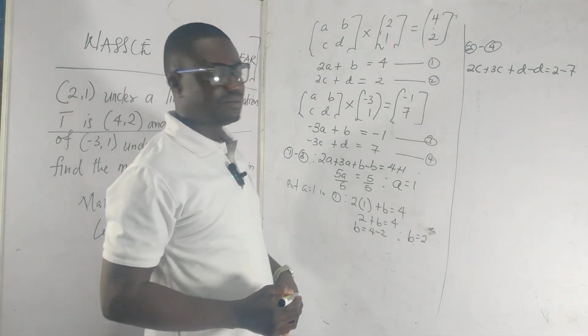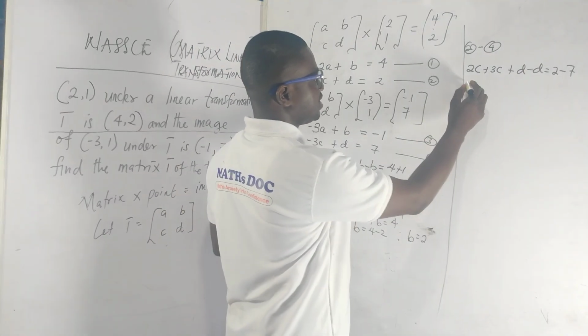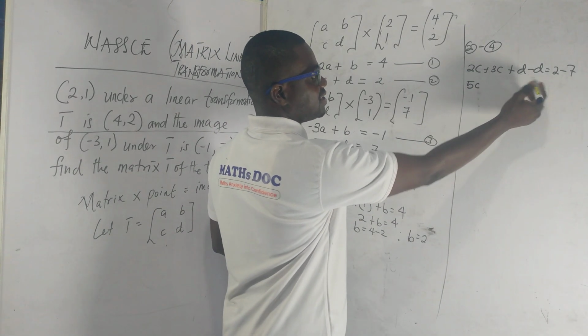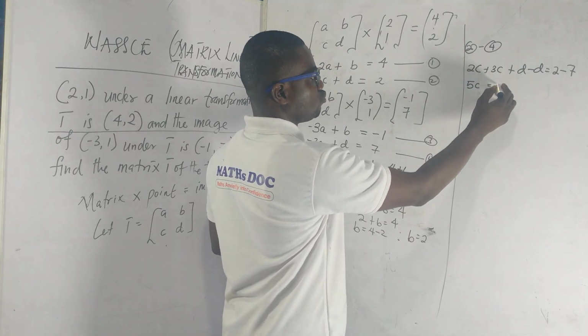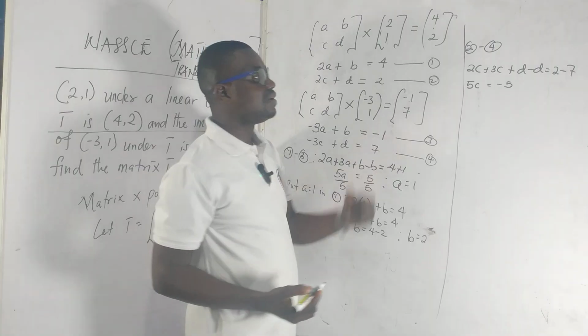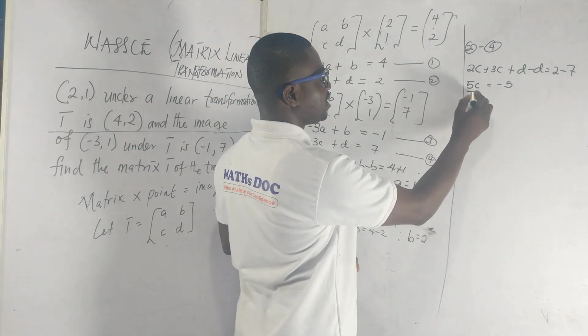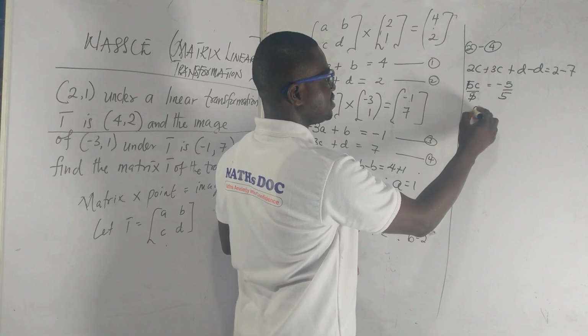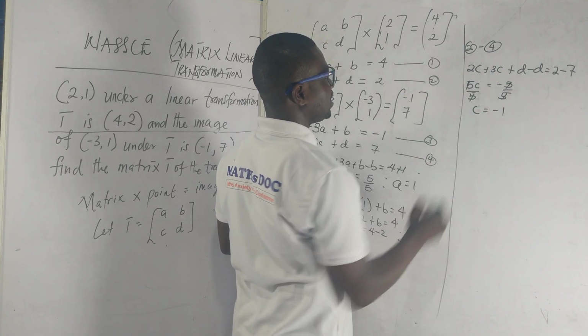Simplifying this, we get 5c, d minus d gives you 0, is equal to -5, since 2 minus 7 gives you -5. So divide both sides by 5, and the 5 cancels, so c is equal to -1.